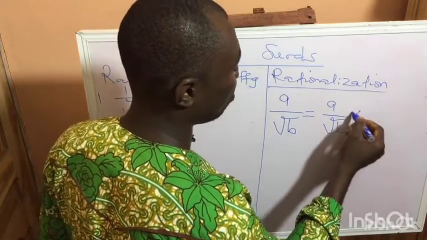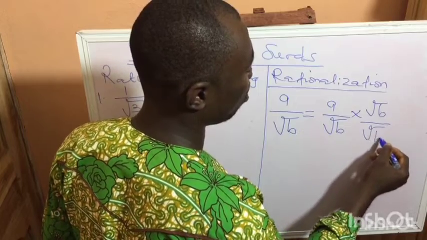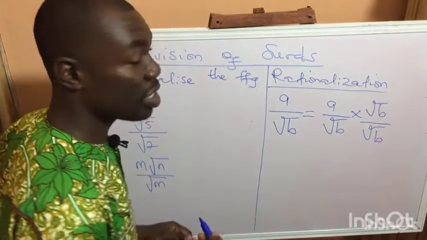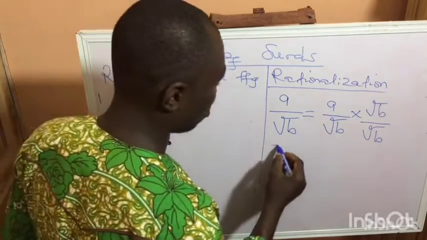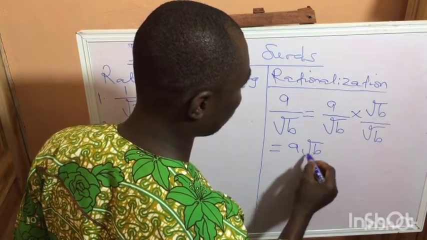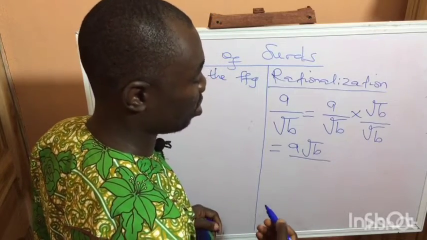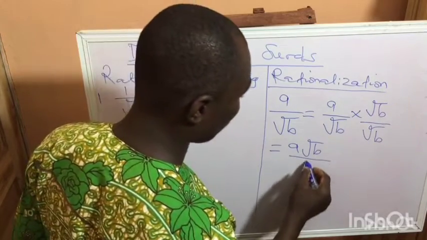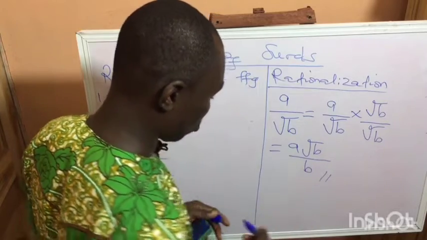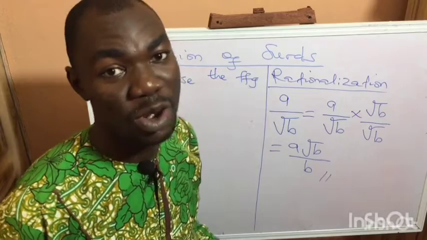If you don't know how to multiply surds, please check out our previous videos. So a times root b gives you a root b. Root b times root b gives you b. We've done that in our previous video. So this is what we call rationalization of surds.